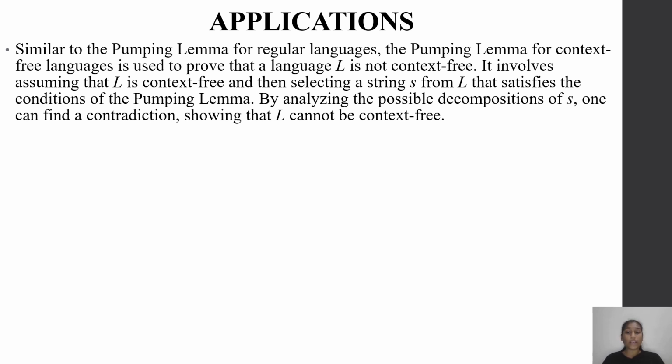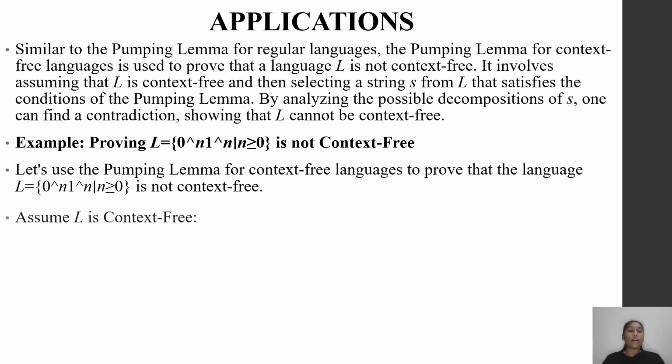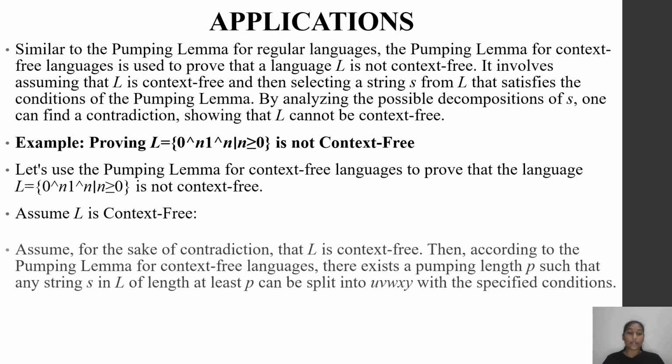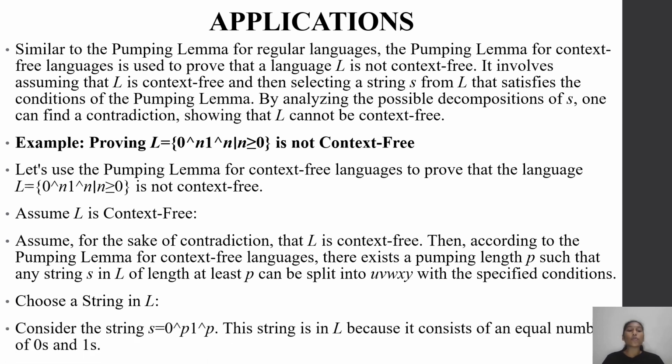By analyzing the possible decompositions, we should find a contradiction, showing that L is not context-free. Now, taking the same example, we assume that L is context-free for the sake of contradiction, take a string in L of pumping length P, and split it into u, v, w, x, y with the specific conditions. Now we have to choose a string.